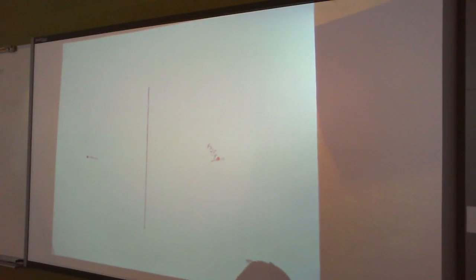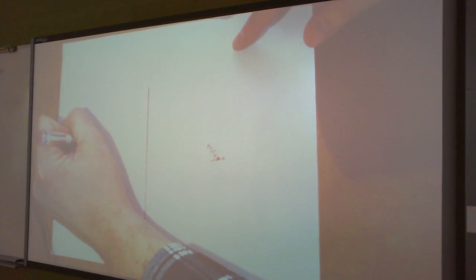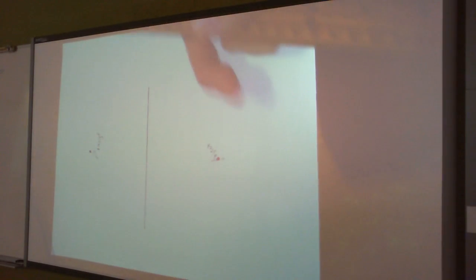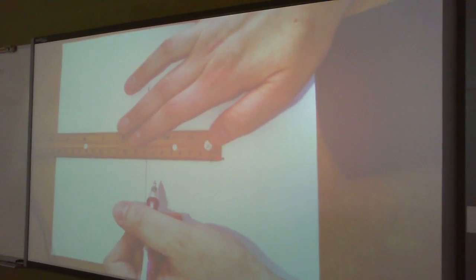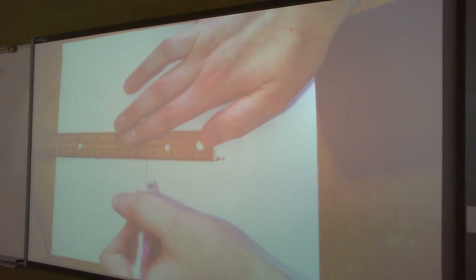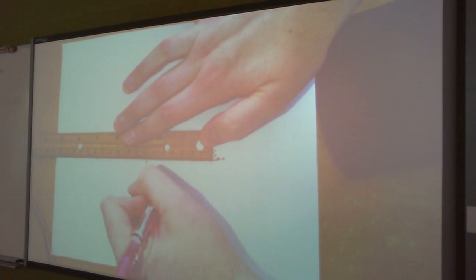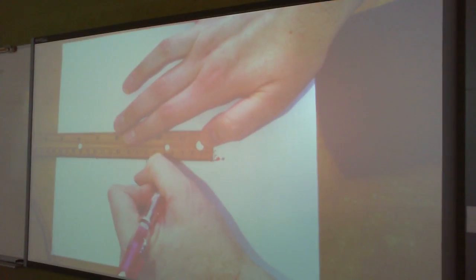Now for this first part, it's pretty simple. You can just remove it. And what I ask you to do is to measure object to image. What's the distance from the object to the mirror? I got about 6.8 centimeters.